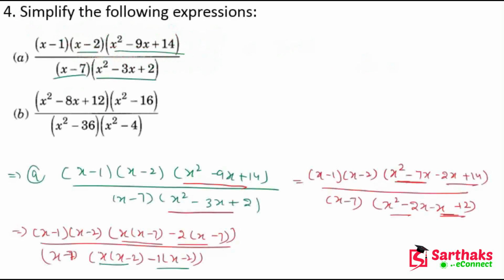Okay. Now here we have to simplify part B, which is x square minus 8x plus 12 into x square minus 16, upon x square minus 36 into x square minus 4.